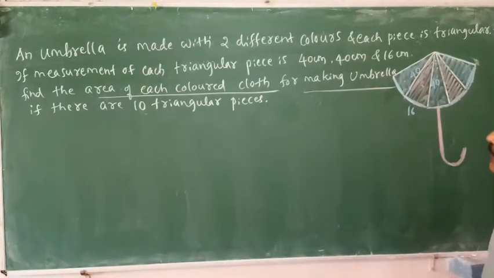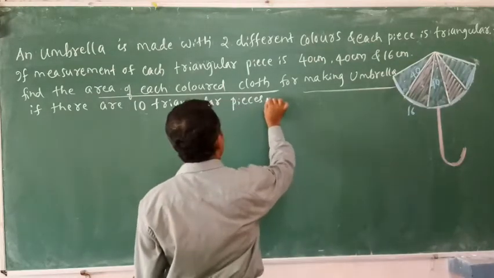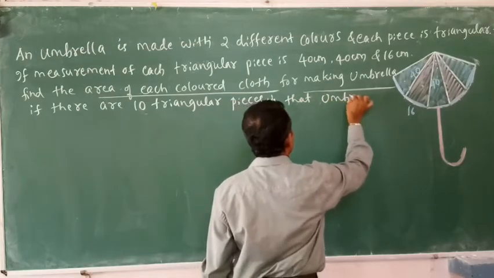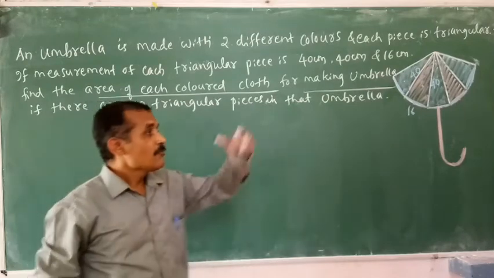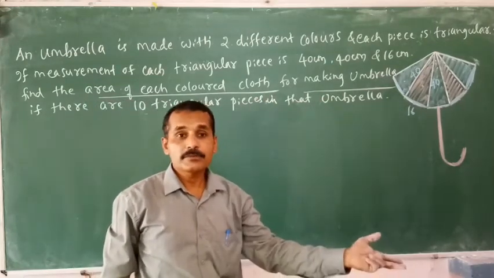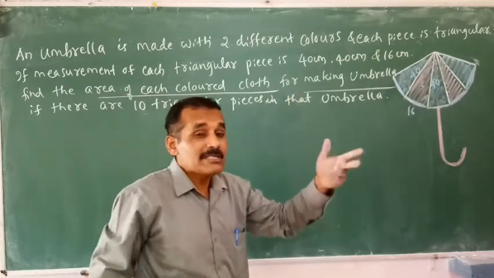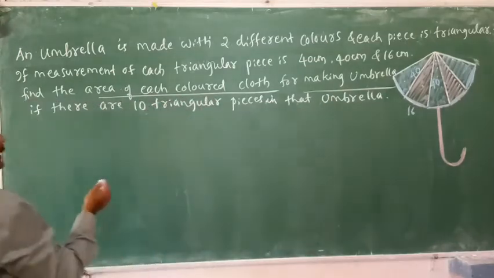If there are 10 triangular pieces in that umbrella, all together there are 10 pieces. That means 5 pieces of red color and 5 pieces of blue color. They are asking how much area of cloth is needed for making that umbrella. Okay, let me start.